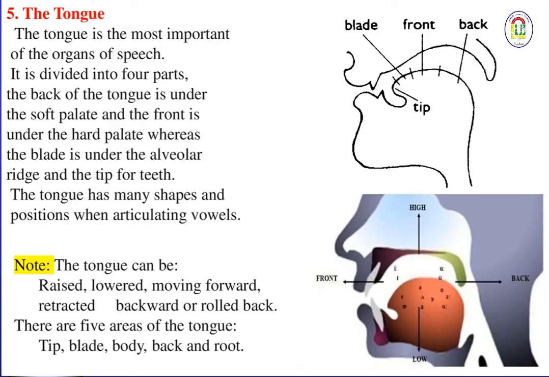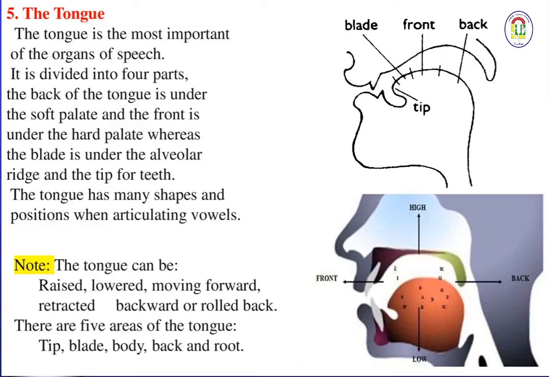The tongue is divided into four parts. The back of the tongue is under the soft palate, and the front is under the hard palate, whereas the blade is under the alveolar ridge and the tip behind the teeth. The tongue takes many shapes and positions when articulating vowels. So it is raised when you produce high vowels. It's in mid position when we produce mid vowels.